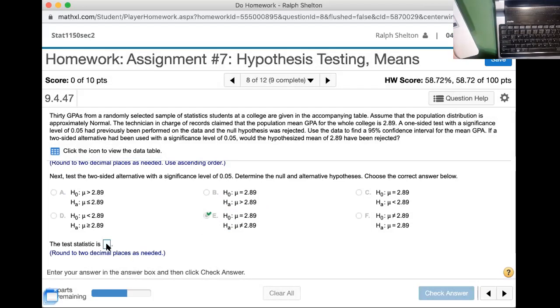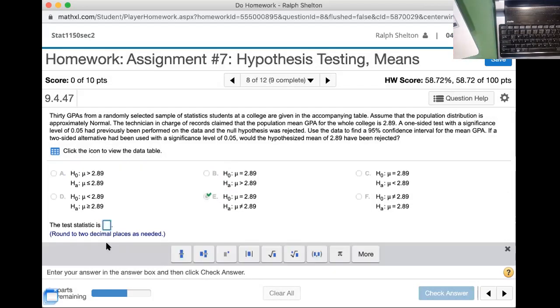The test statistic is, so how do we calculate our test statistic? There's a formula, and we know we're doing a z-test. So our test statistic, z, is equal to x bar minus mu naught, our null mean, our claimed mean, divided by the standard error.